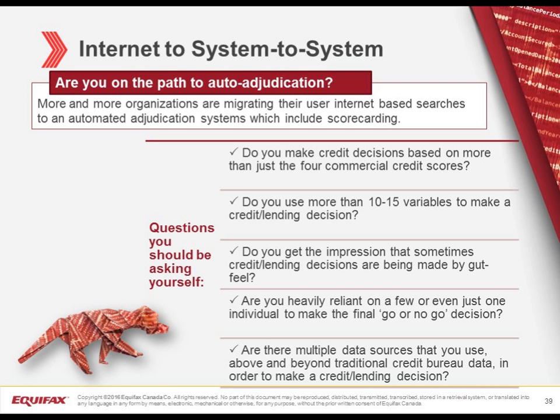Do you use more than 10 to 15 variables to make a credit or lending decision? If you do, it means that the time you're taking to review a business credit report might be too lengthy, or might be something you want to automate, having the system apply those rules or logic for you. Do you get the impression that sometimes credit or lending decisions are being made by gut feel?